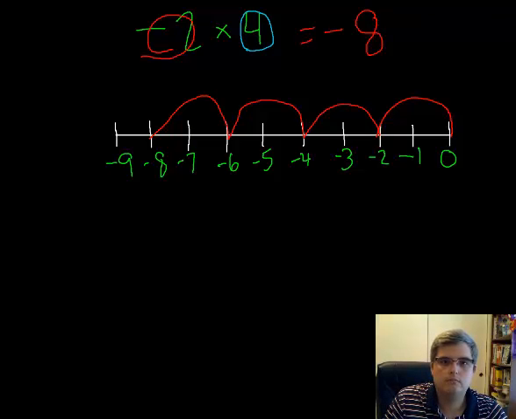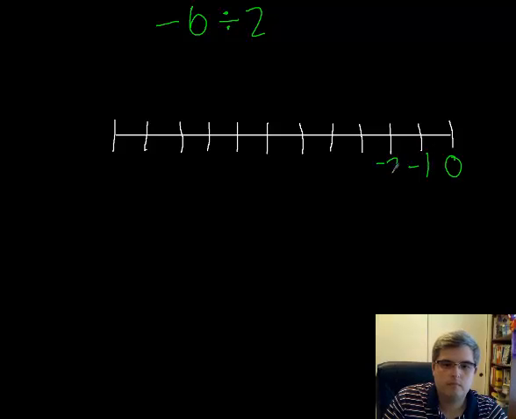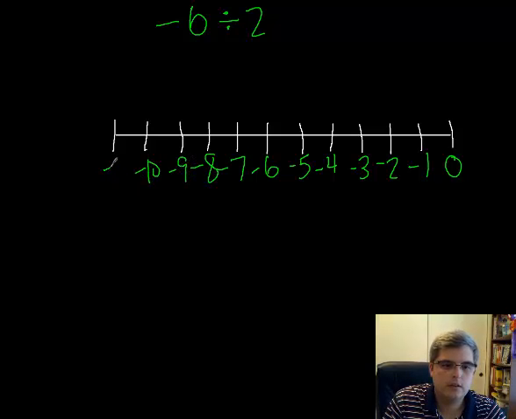So far, so good? Alright, let's try a division problem. We're going to try negative 6 divided by 2. Negative 6 divided by 2. So again, I'm going to start this way: negative 6, negative 7, negative 8, negative 9, negative 10, negative 11, and it goes on forever.